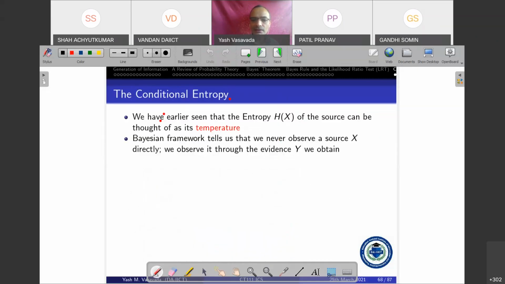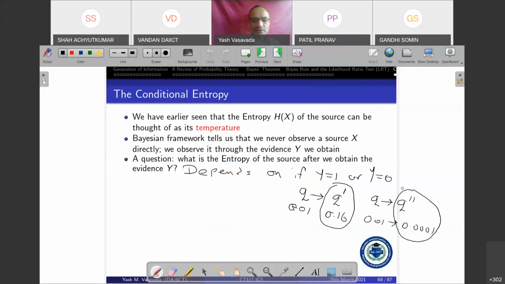But regardless, I would say that the source, which was this source, so this is always going to be the x equal to 0, this is going to be the x equal to 1 line. So this is our prior. And in this case, this was 1 minus q, and this was q. If we get y equal to 1, then this becomes 1 minus q prime, and this becomes q prime.